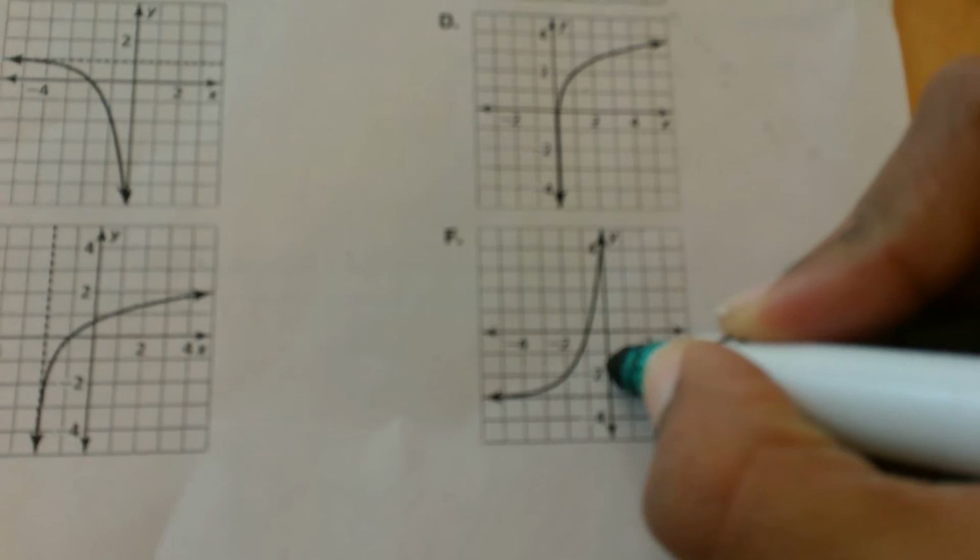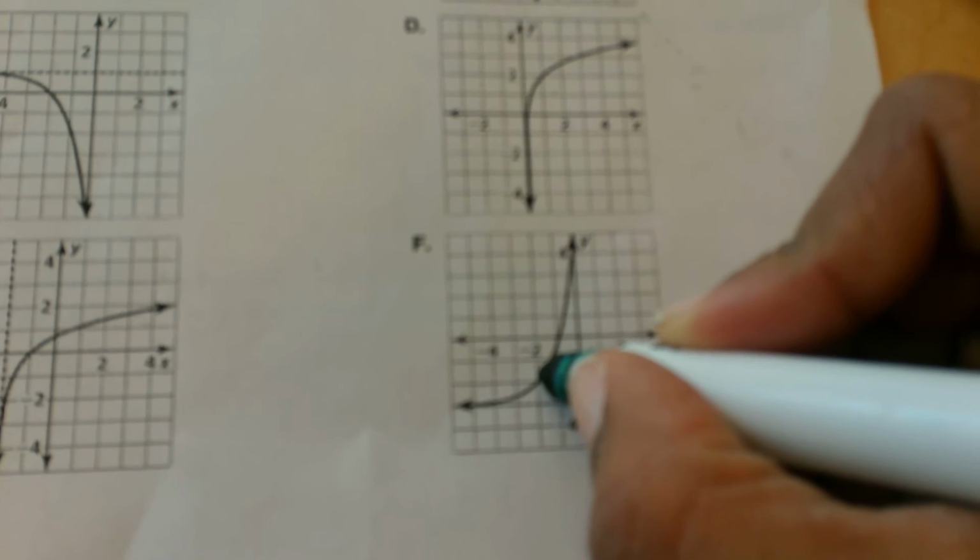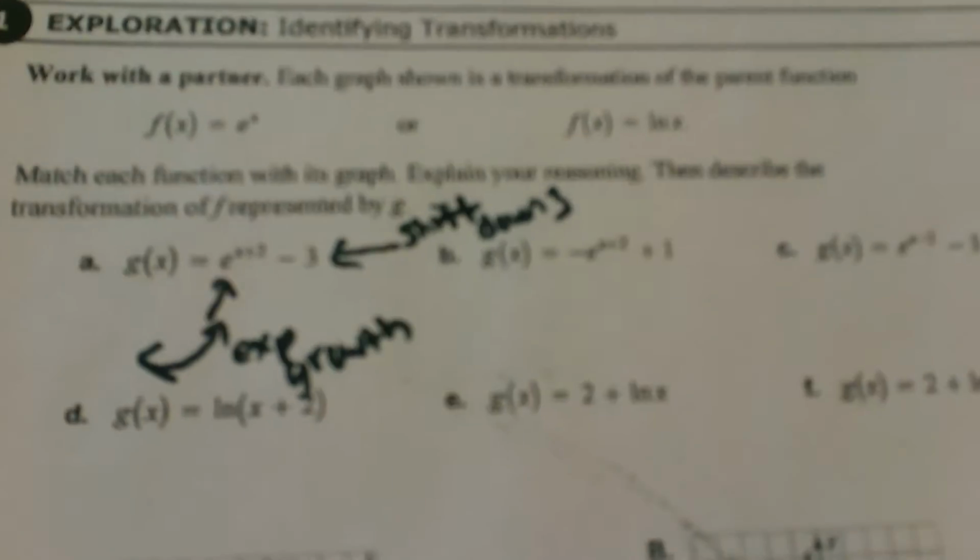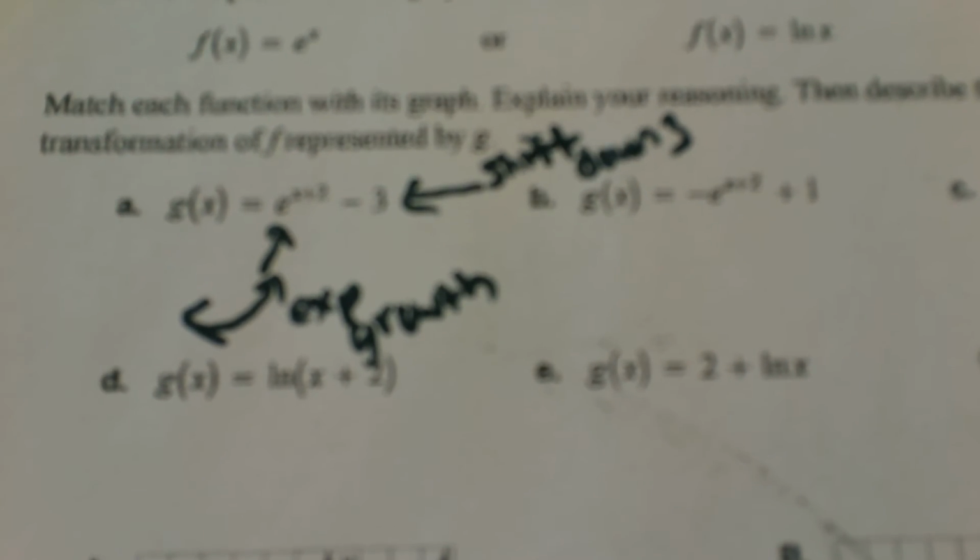However, this point here is over here to the left 2. So I'm going to take a look up here and see if that makes sense based on this function. Now if I look closely here, I'm sorry it's a little blurry, this +2 then tells me that my graph goes left 2.